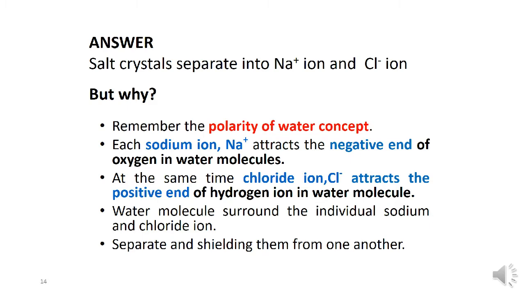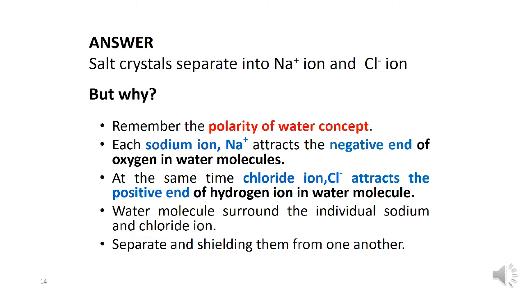Each sodium ion, the Na plus, will attract the negative end of the oxygen in the water molecule, the dipole negative of the oxygen. At the same time, the chloride ion, the Cl minus, attracts the positive end of the hydrogen, the dipole positive of the hydrogen in the water molecule.